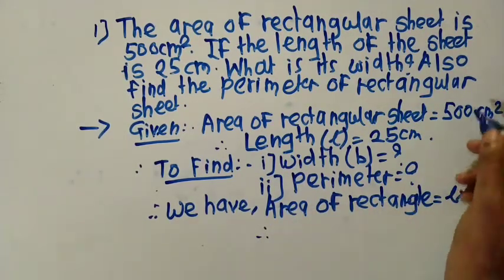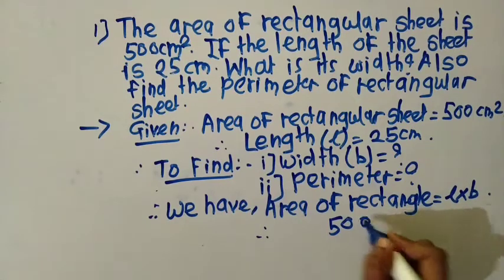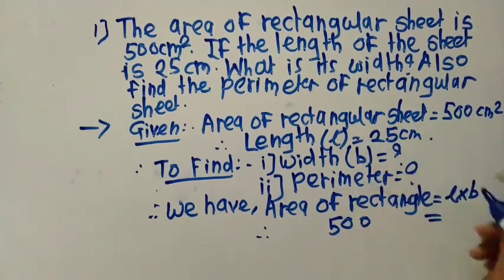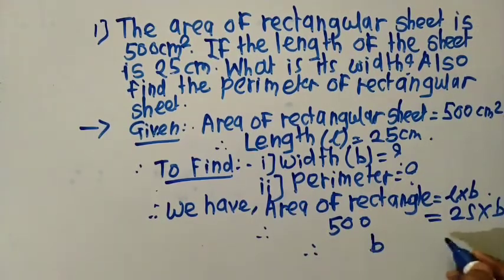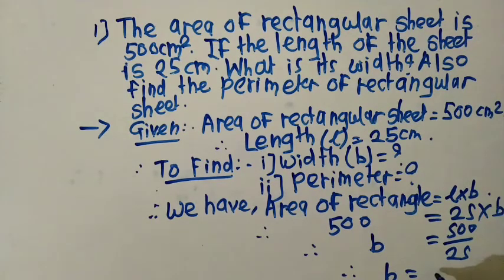Area of rectangle is 500, length is 25 centimeter into breadth B, so B is equal to 500 upon 25. Hence B is equal to 20 centimeter.